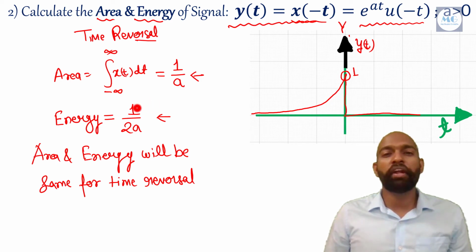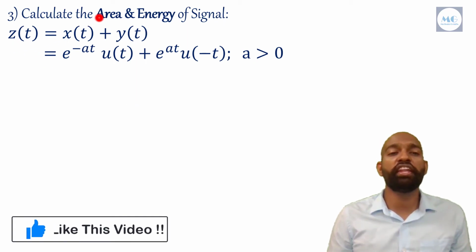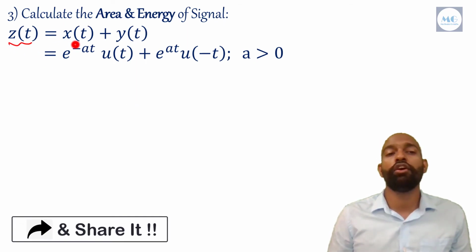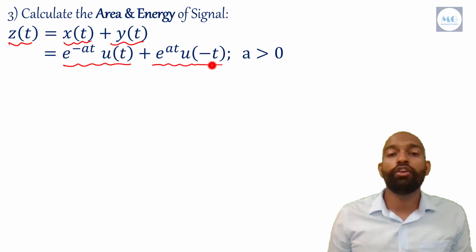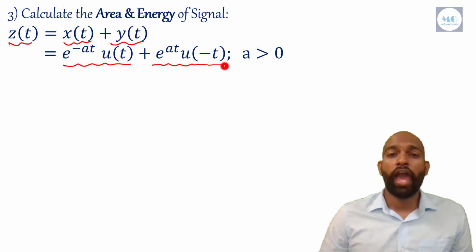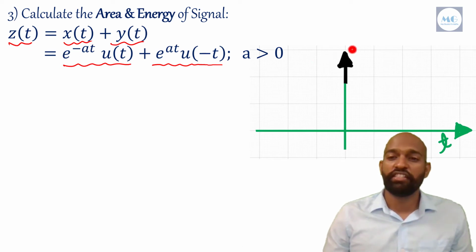Now let's jump into the next question, in which we have to find the area and energy of z(t) whose value is x(t) plus y(t), which is e to the power minus at u(t) plus e to the power at u(-t). As in our previous questions, first we have to draw the graph of this z(t). z(t) will be like this.